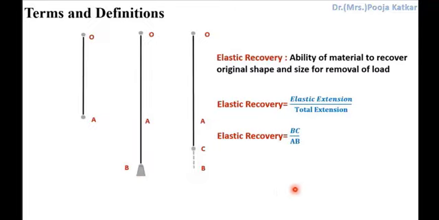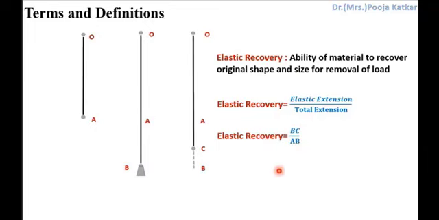For 100% elastic materials, after you remove the load, the material will try to go back to its original size. Thus here BC will be equal to AB for 100% elastic materials, and hence elastic recovery for 100% elastic materials will be 1.